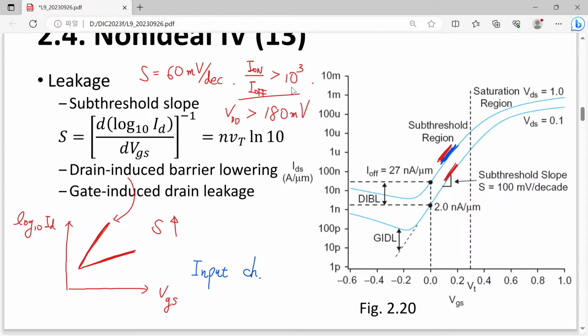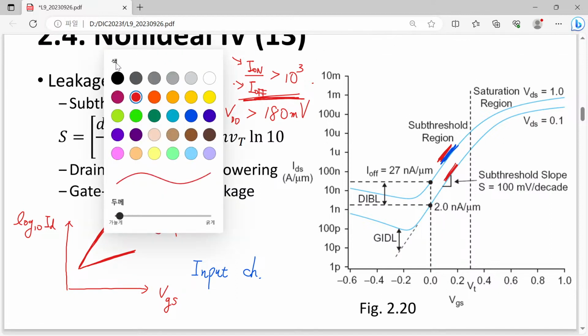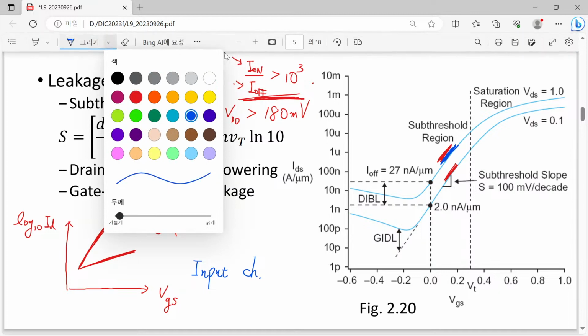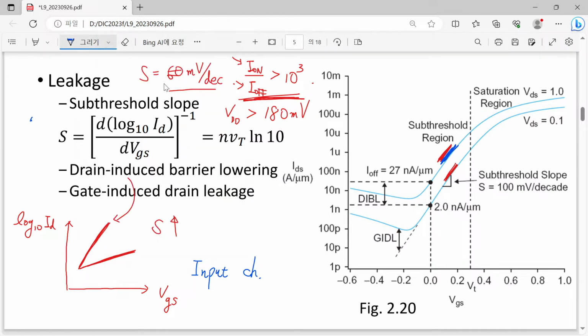In order to have at least 3 orders of difference between off current and on current, we need 3 times our subthreshold slope. Now we can consider a slightly degraded case, like 90, for example. In this case, what will happen?